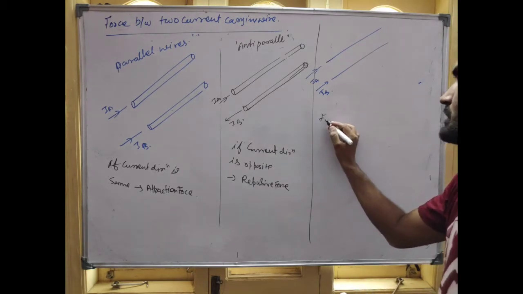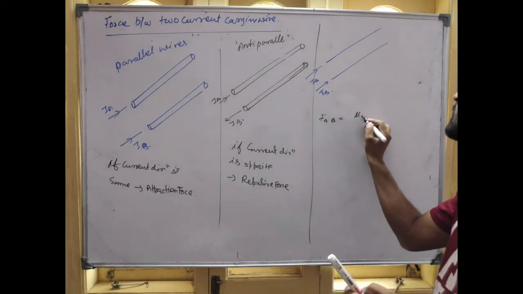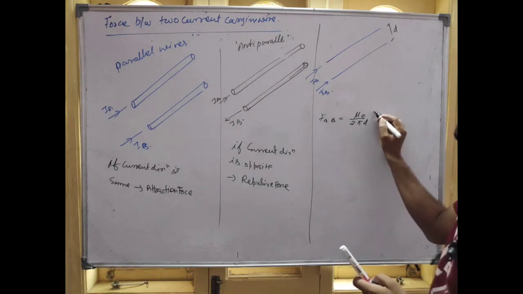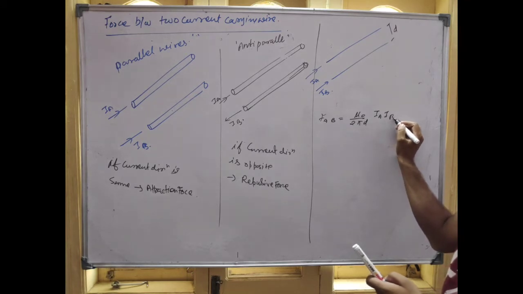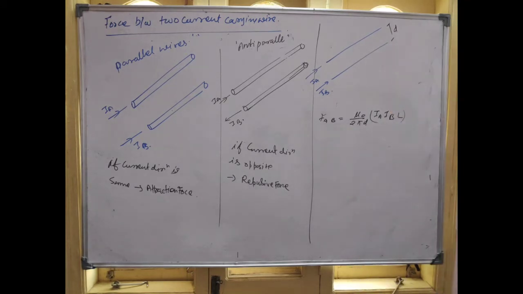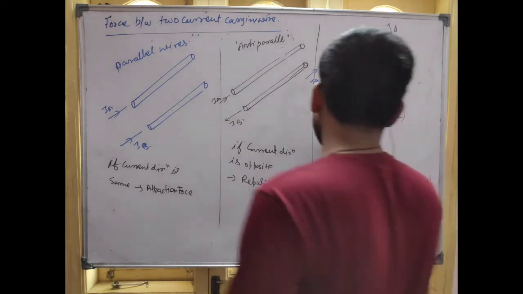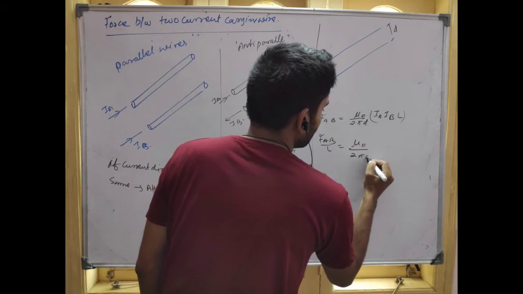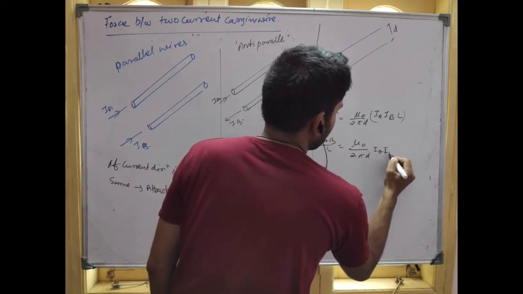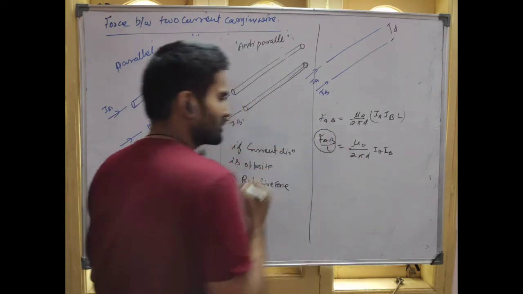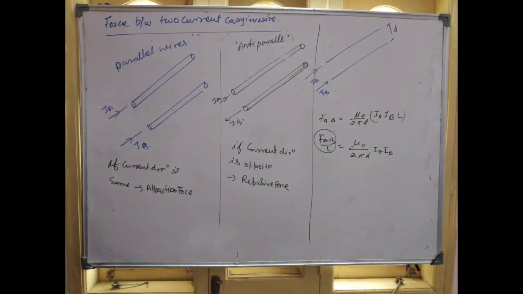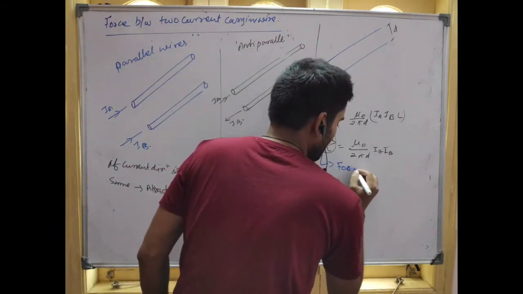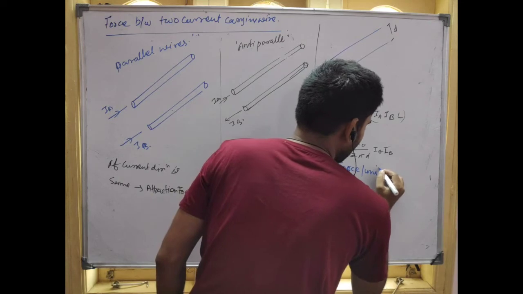F_AB is equal to mu naught by 2 pi d, if the separation is d, I_A I_B into L. If I take this L here, F_AB by L is equal to mu naught by 2 pi d I_A I_B. Can you tell me what we call this expression? Don't you feel this is the force per unit area? Sorry, force per unit length.